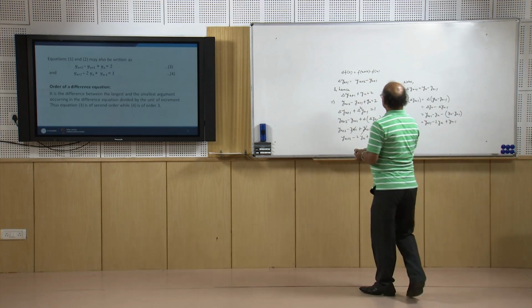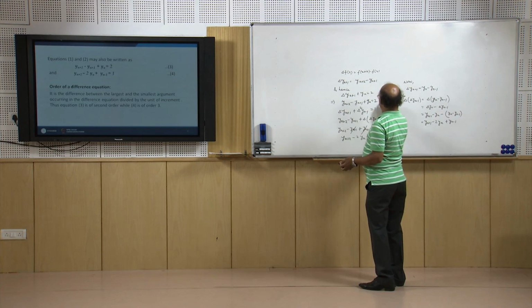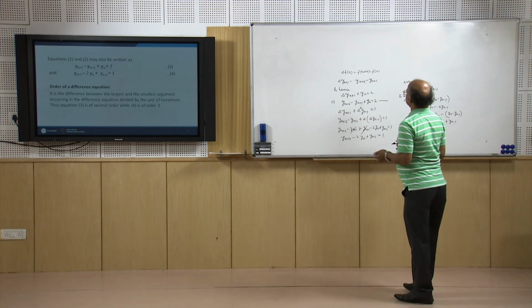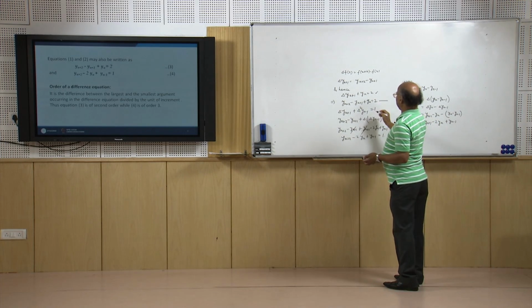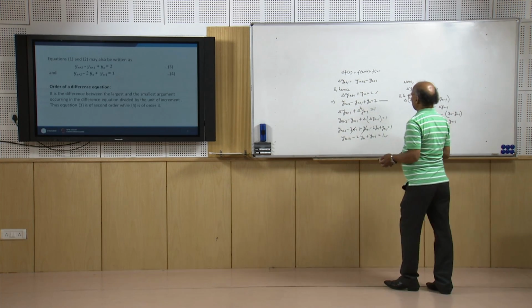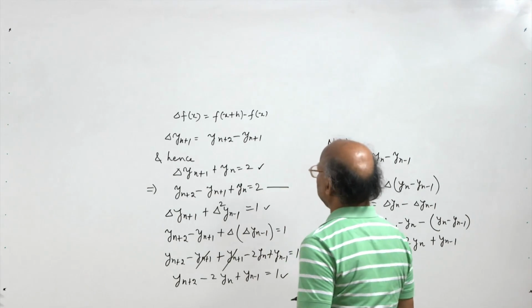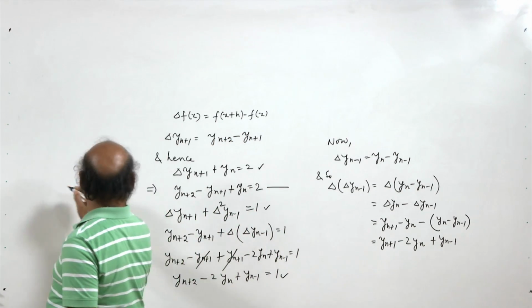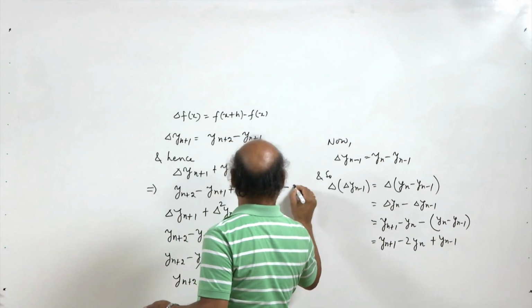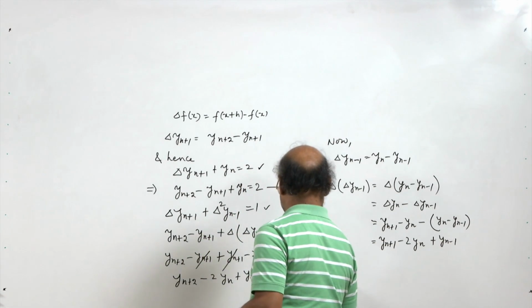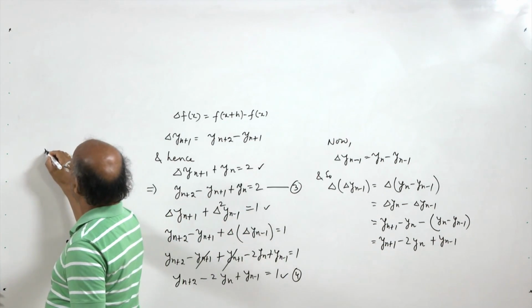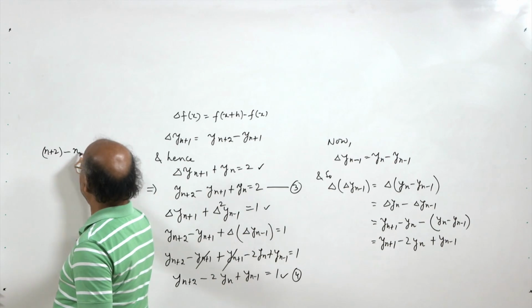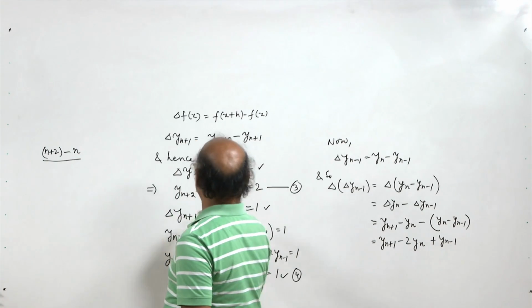Let us see the alternate forms of equation 1 and equation 2; let me call them equation 3 and equation 4. In 3, the largest argument is n+2 and the smallest argument is n, divided by the unit of increment, which is 1.